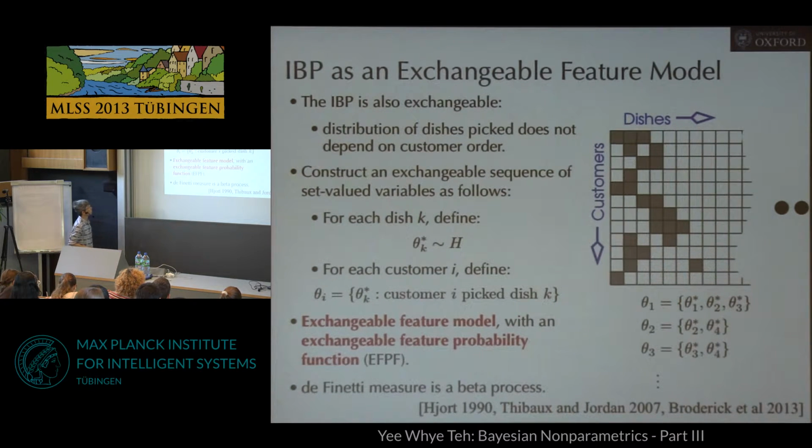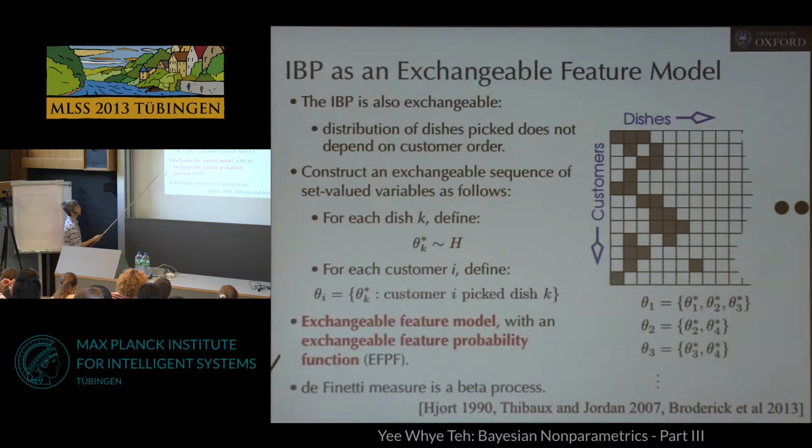You can show, because the IBP is exchangeable, that this sequence of random variables is also going to be exchangeable. So you can then ask, what is the de Finetti measure? Or basically apply de Finetti's theorem and say that there's some random measure which makes this sequence of random variables independent.